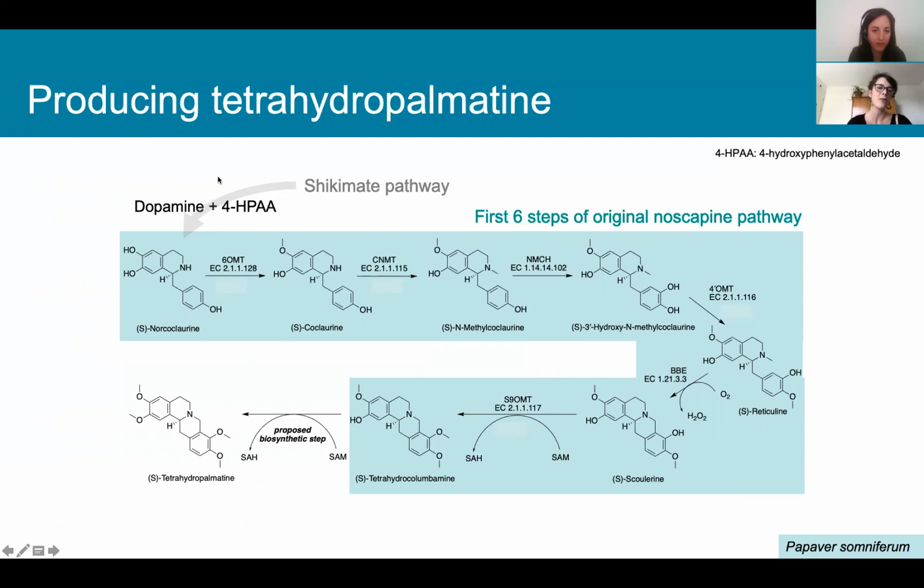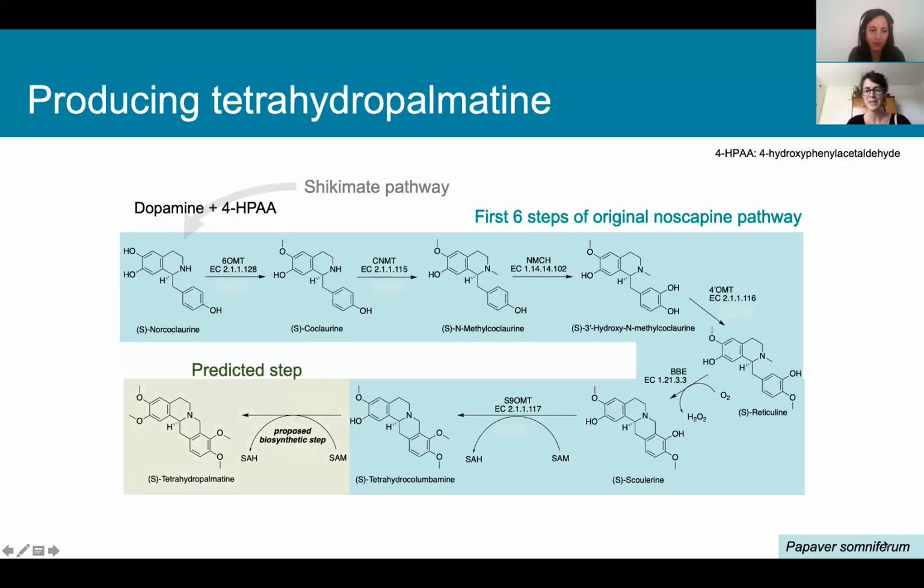Here you also, for those who really like metabolism, this norcochlorine actually comes from the shikimate pathway. Shikimate pathway produces dopamine and 4-HPAA, which are then put together to norcochlorine. And all these enzymes here involved until this precursor compound, they were taken from opium poppy, so Papaver somniferum.